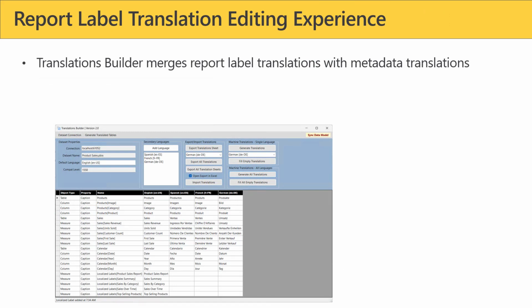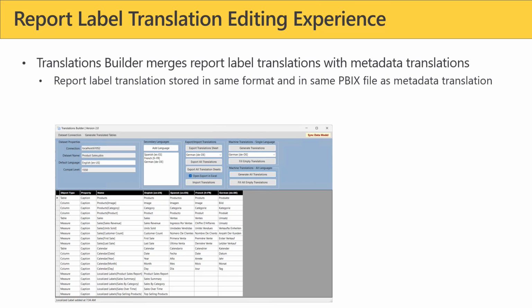Now, Translation Builder merges report label translations with metadata translations. The good news is that they're stored in the same format and in the same PBX file. I've seen other companies with a solution where the metadata translations are stored in the PBX file, but all their report label translations are stored in a CSV file that they import into their data model.